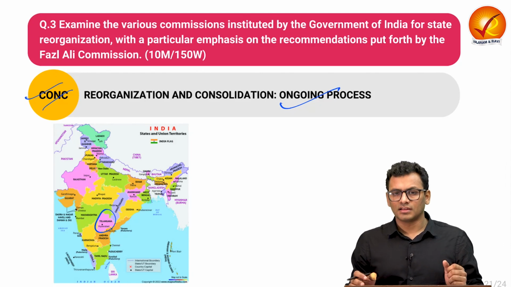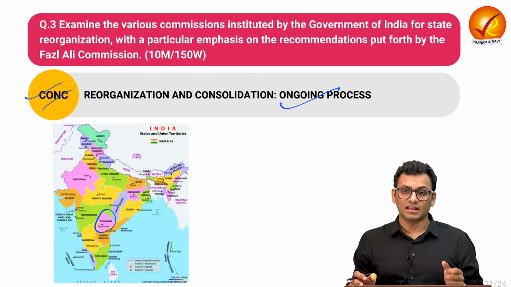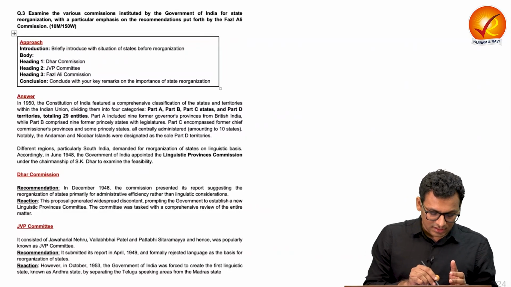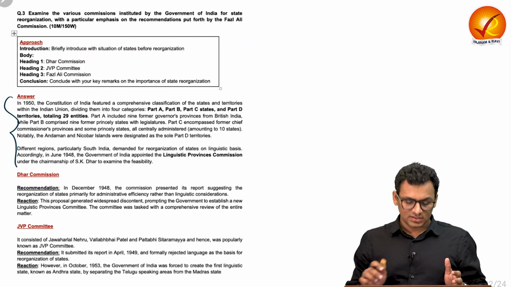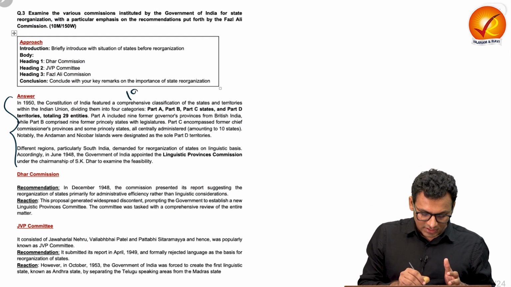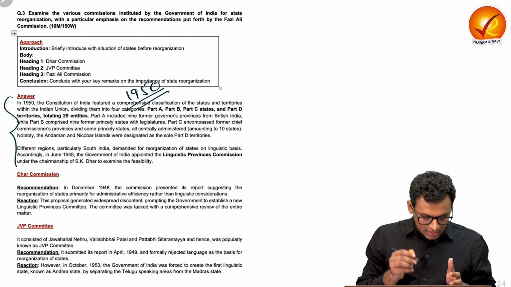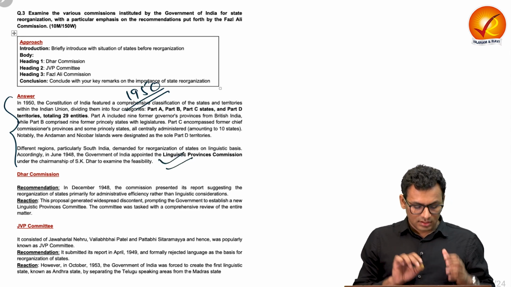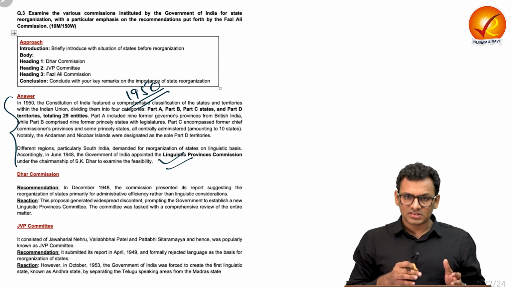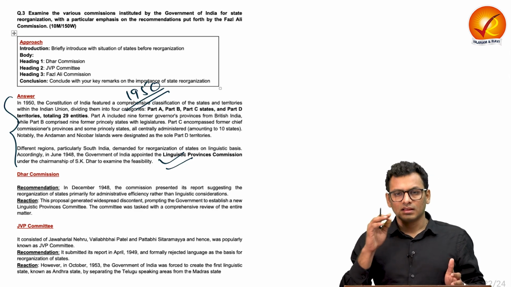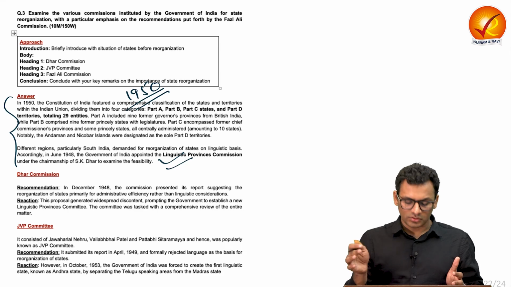Let us see the model answer and understand how we can inculcate the same in our answer writing practice. Firstly, in the introduction, you can talk about the state of affairs in 1950. Then you can talk about how, because of certain resistance and certain demands, there were commissions in place to understand the need for such reorganization.